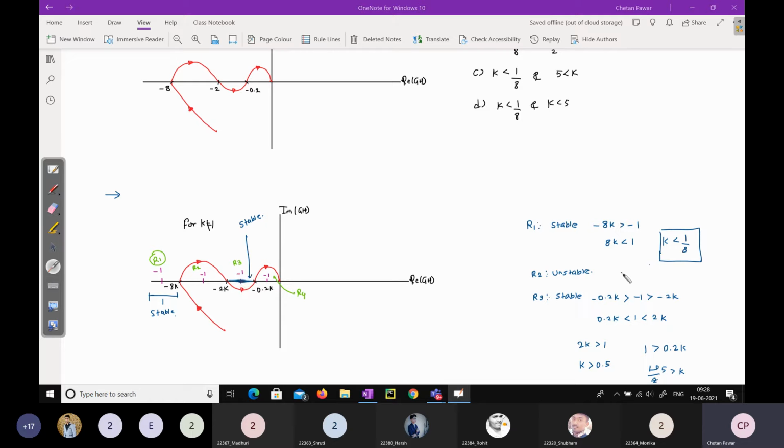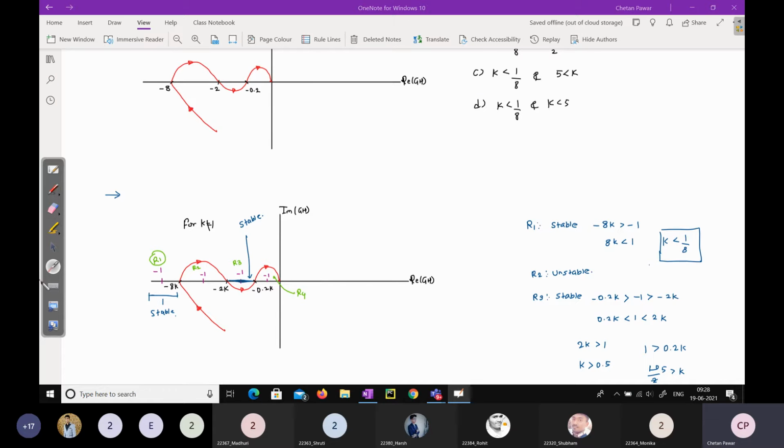Okay, so in the R1 region, -8K will be greater than -1, so K will be less than 1 by 8. For this condition, we will get a stable closed loop system. And the third region is where -0.2K will be greater than -1 and -1 will be greater than -2K.